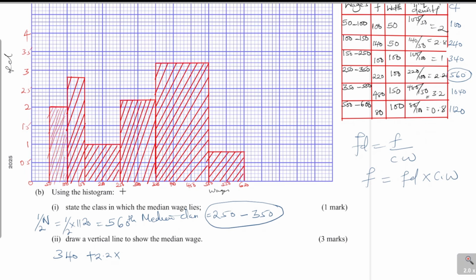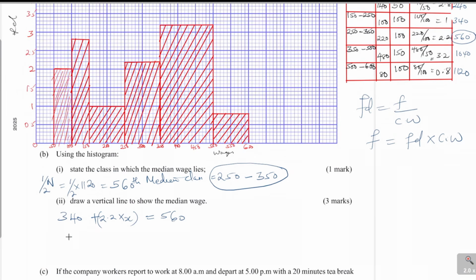We don't know the class width, and that is what is going to help us know the position where we draw the line. So we let the class width be x. These will give 560. So 340, the frequency up to this point, plus the frequency we don't know here, which is the frequency density of that class multiplied by the class width, gives 560.